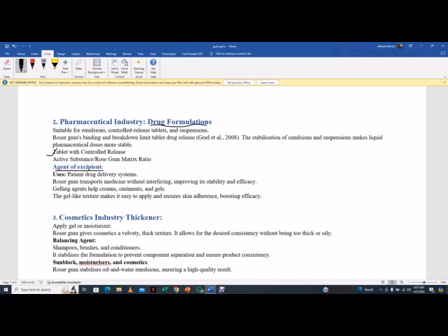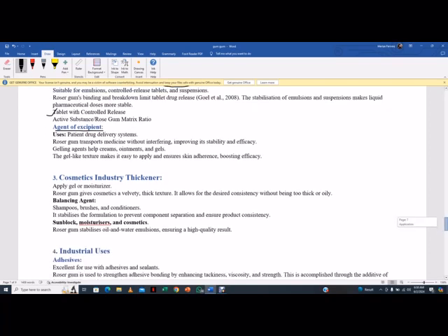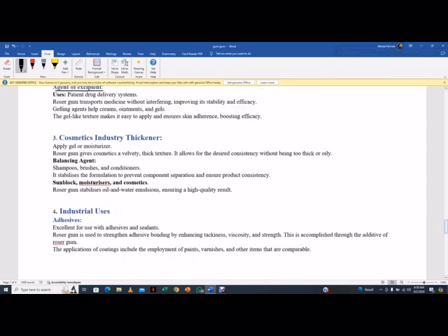Next is the use of the gum roser in the cosmetic industry. In the cosmetic industry, it also acts as a thickener. Roser gum is valuable in the cosmetic industry as it is used as a thickener. It gives creams, lotions, and gels a viscous texture.